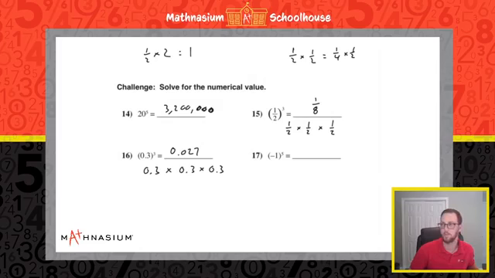And our last one here, number 17. -1 multiplied by itself 5 times.